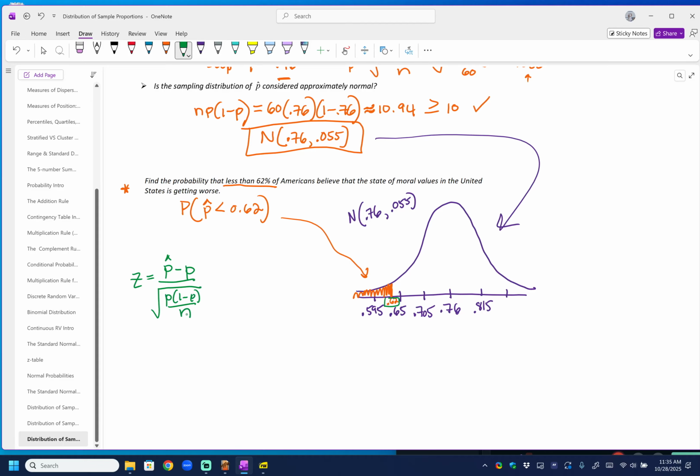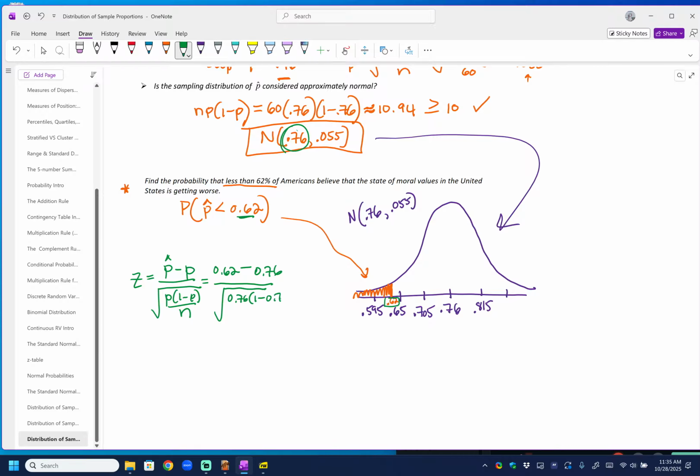If we take these values, our p hat is whatever value we're trying to standardize, which is this guy right here, 0.62. And we're subtracting our population proportion, which is 0.76. And we're dividing by the square root of our population proportion times 1 minus that same proportion over n.